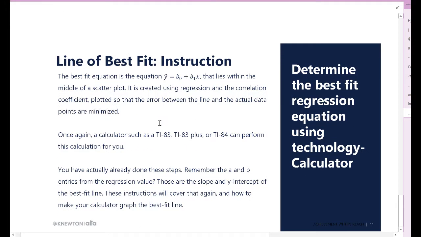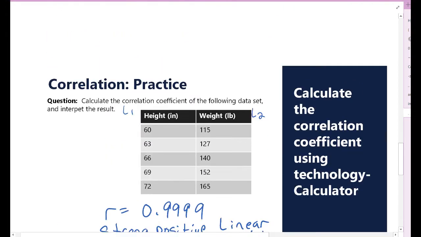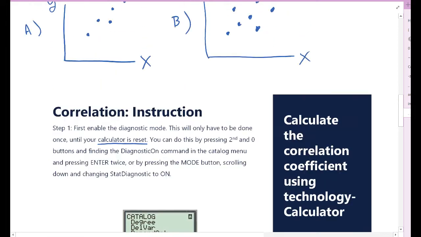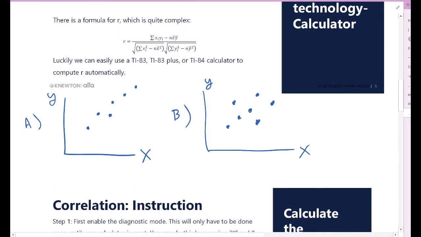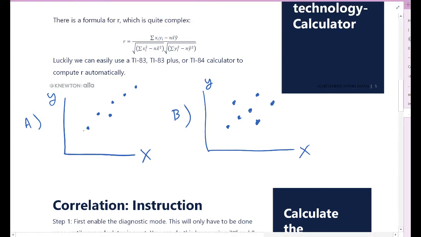Well, the next thing that you want to do is calculate something called the line of best fit. And the line of best fit is a line, obviously, that best models your data. What I mean by that is if I go back to the scatter plots that I drew earlier, and if I were to draw a line that kind of best followed that data set, go to graph A here.